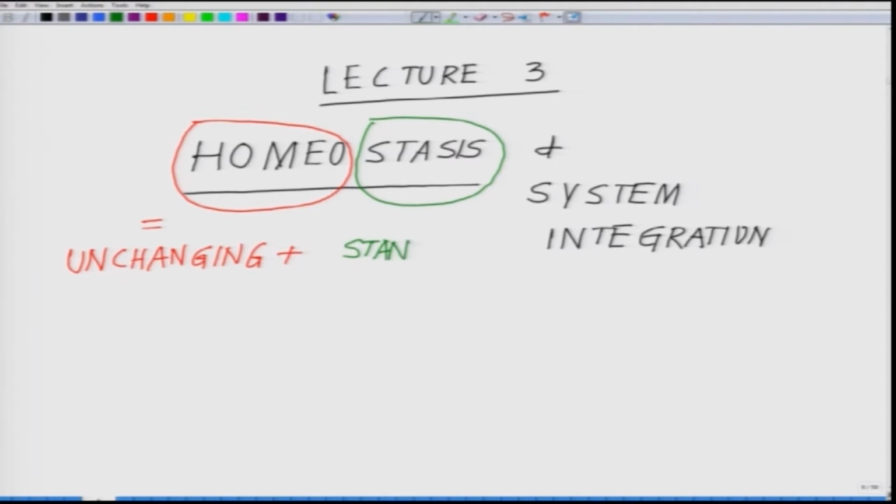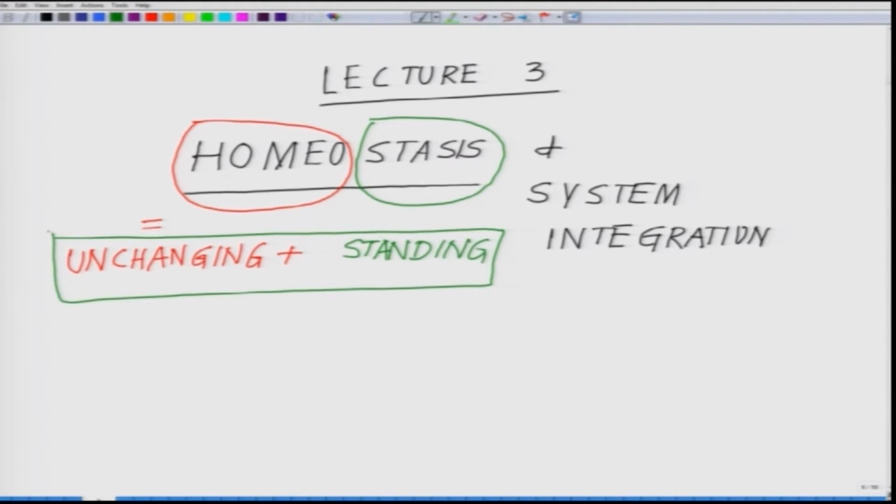So, the body maintains its status or recalibrates it, and this whole process is called homeostasis.